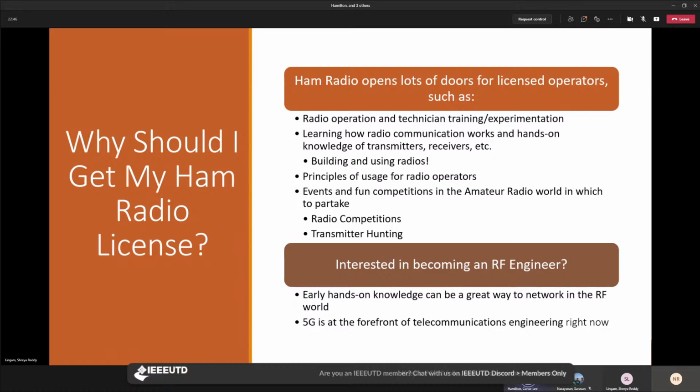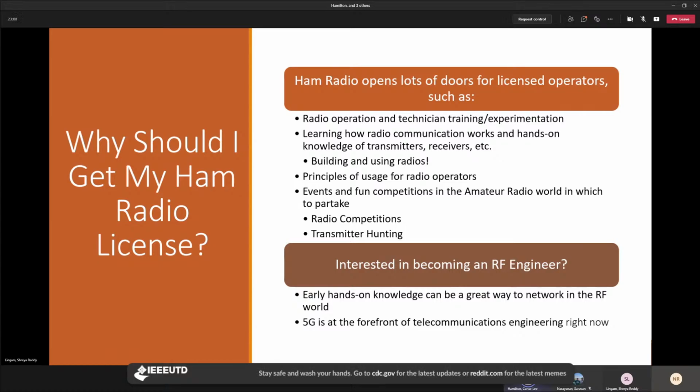As engineers, it's so important that we learn the theory, but also understanding the hands-on application of what we're doing is so helpful. So learning how, for instance, radio communication works and building radios, understanding circuitry of a radio is so important, so helpful for your career and getting a job in the future.